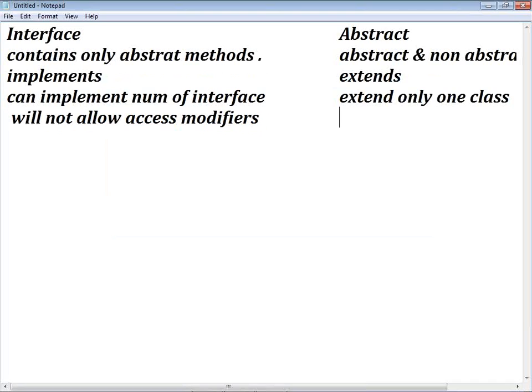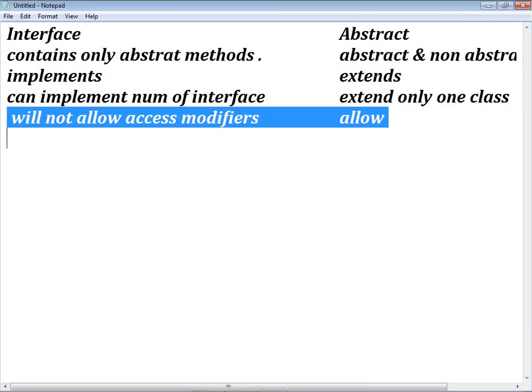Whereas abstract class will allow all the access specifiers and access modifiers. Even in the case of interface, can we apply private or protected access specifiers? No, it will not allow. But abstract classes will allow.